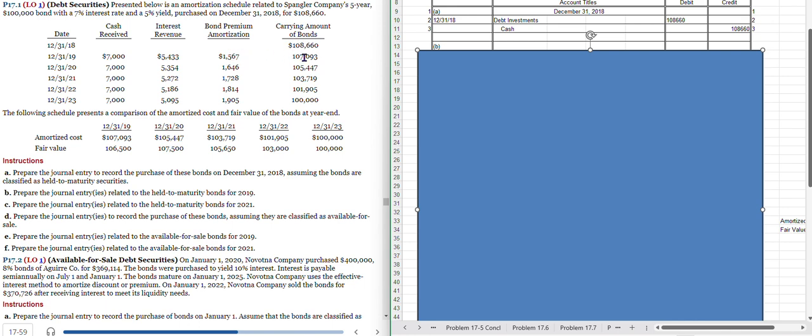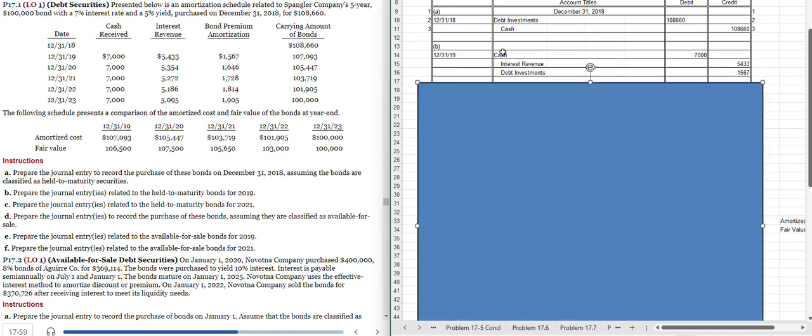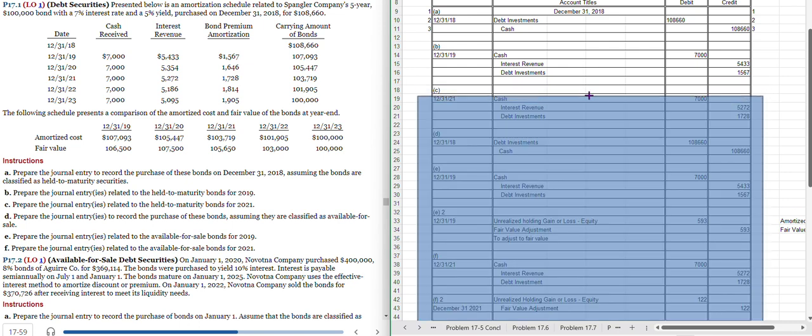And the carrying amount of the bonds decreased by $1,567, which is a decrease to our debt investment asset. So here's the entry. Debit cash 7K, credit interest revenue 5,433, debit debt investments for 1,567. Now these are held to maturity, so there is no fair value adjustment at the end of the period.